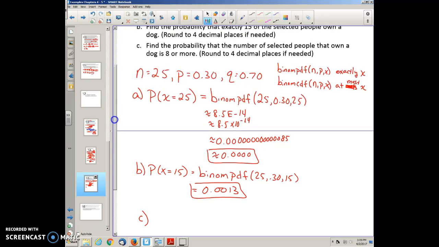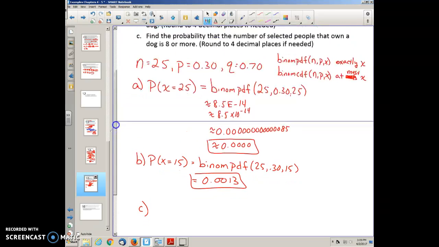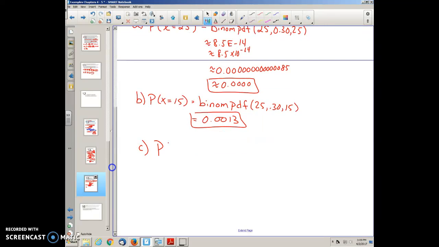C. Find the probability that the number of selected people that own a dog is 8 or more. So the probability X is greater than or equal to 8. Once we see this, which indicates a cumulative probability where we're adding more than one probability, we're going to need to use binom CDF. But first of all, binom CDF is X less than or equal to some number.